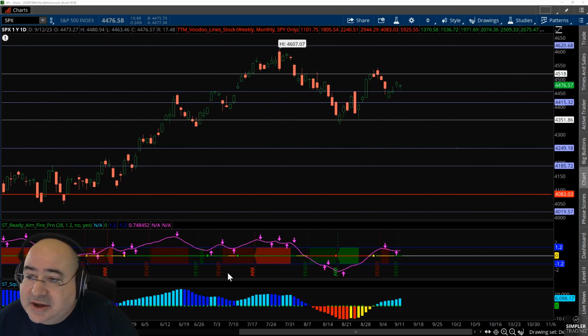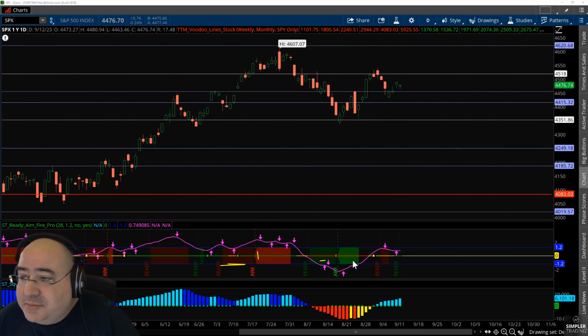But here on Thinkorswim, right, price can go through several stages. It can go through ready, right, and a dark red ready just says, hey, start to look for a turn back down. Price has gotten a little bit stretched to the upside. And then it goes to aim, a brighter red, and that means get even more ready for a selling opportunity.